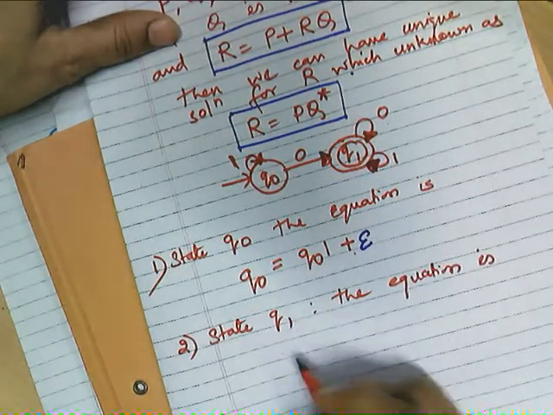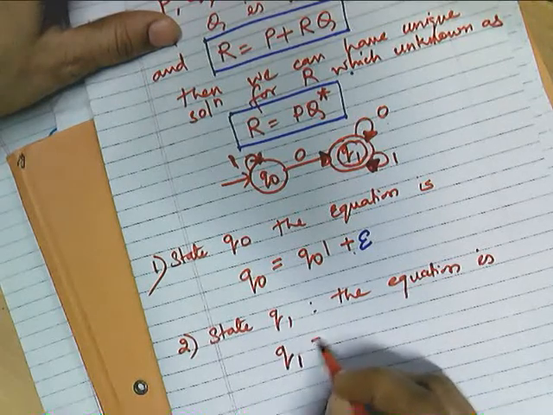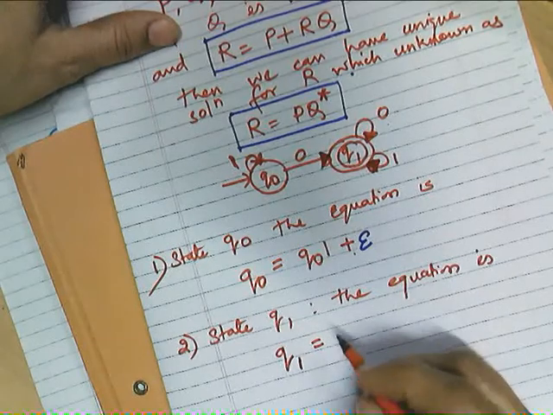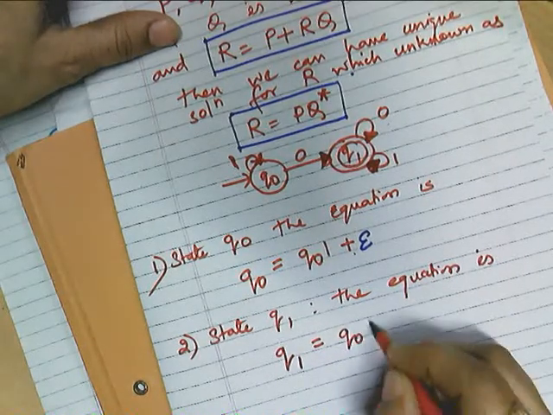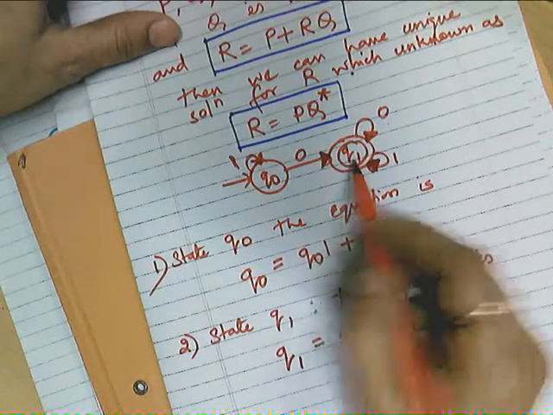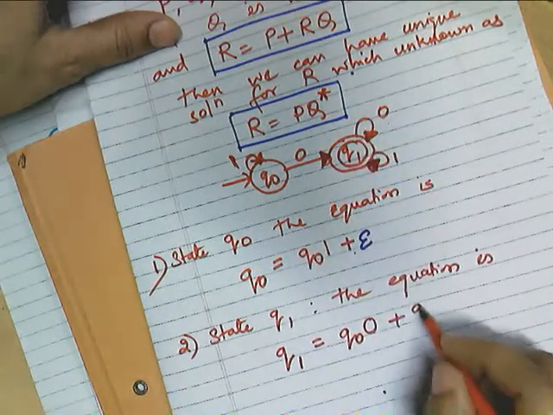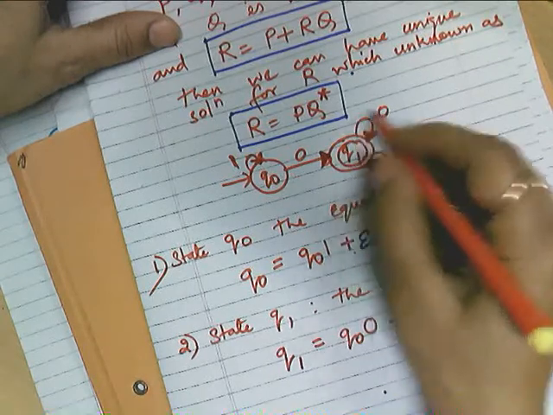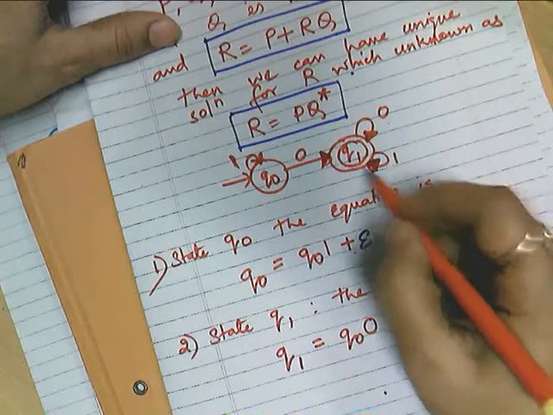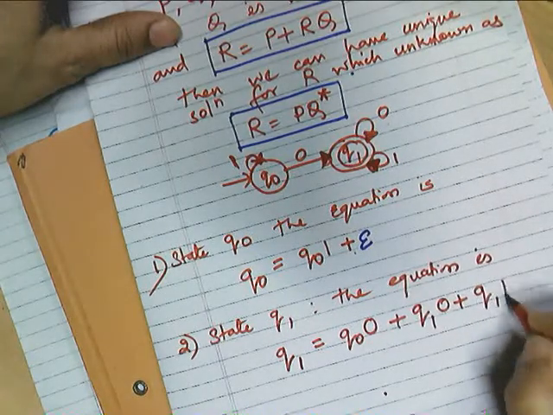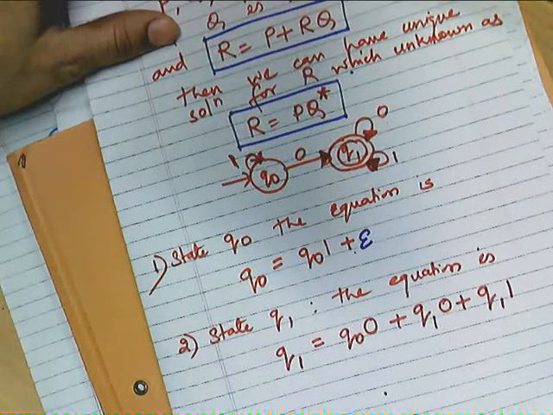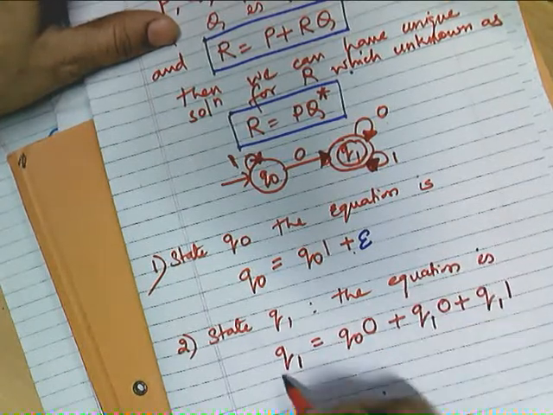So my expression will be Q1 is equal to, very first from Q0 it is coming, so we will write Q0 0. Q0 with 0 it is coming to Q1. Second, plus Q1 with 0, plus Q1 with 1. Okay, so this will be the equation for the state Q1.